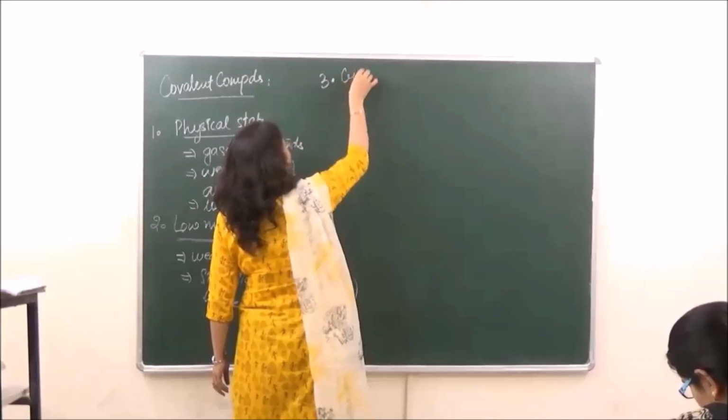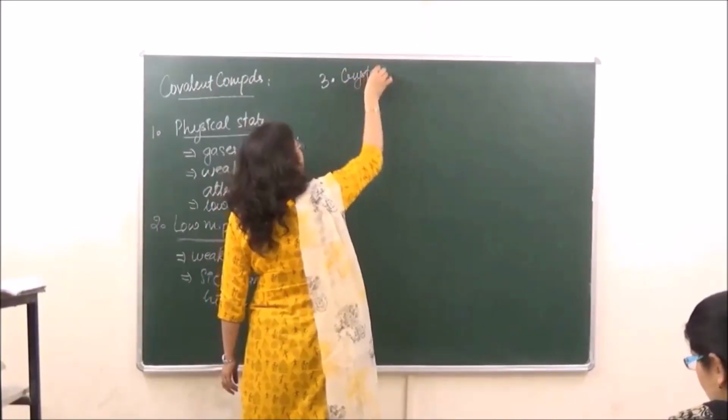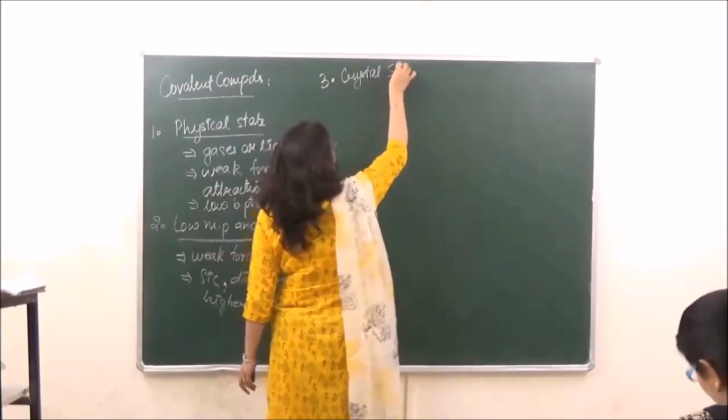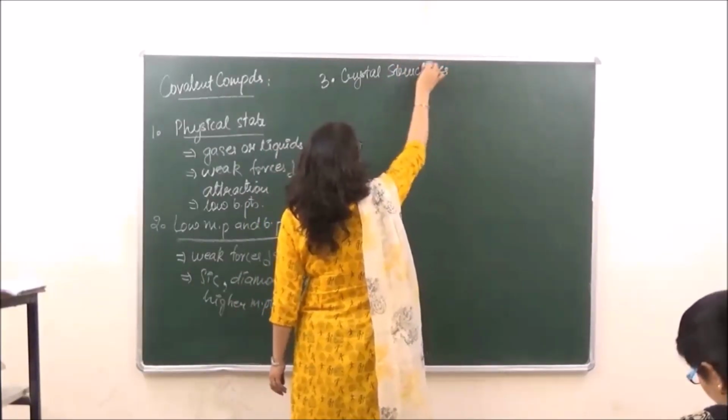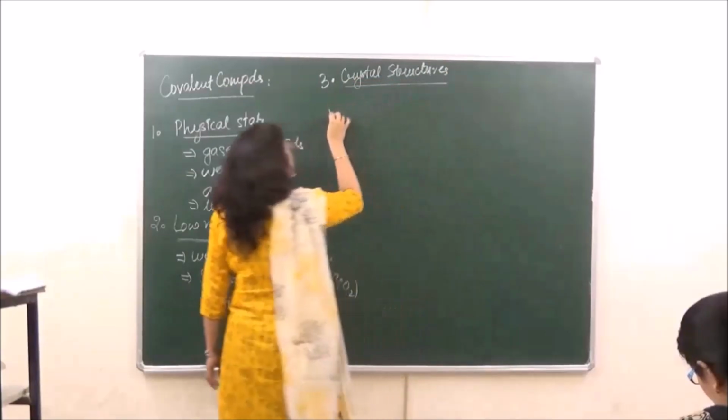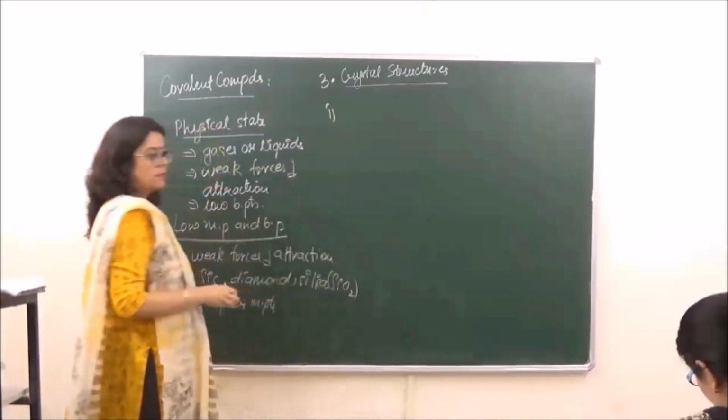The next is the third. Some of the covalent compounds exhibit crystal structure. These crystal structures are of three types. Okay?